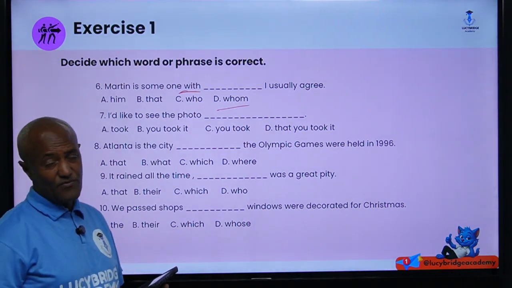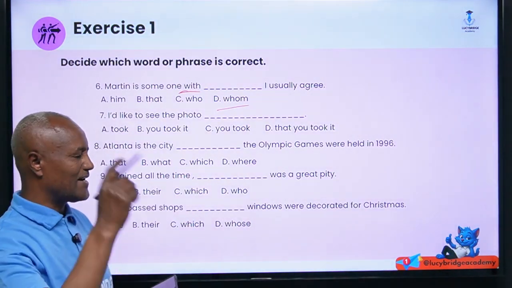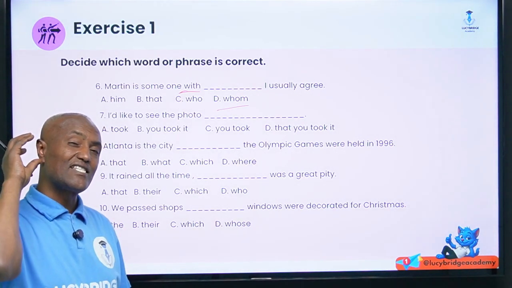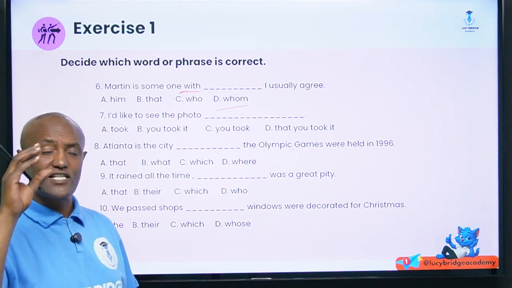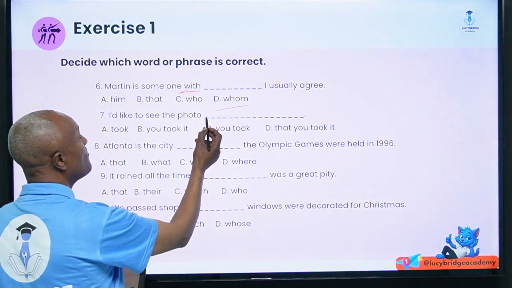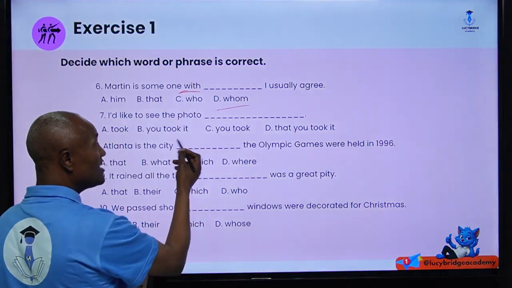Remember the reduced relative clause. When the relative pronoun is used as an object, we can omit it. Remember this one. So similar to this, when we omit, we don't need to write the object.